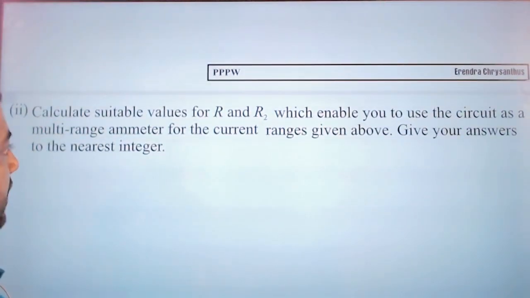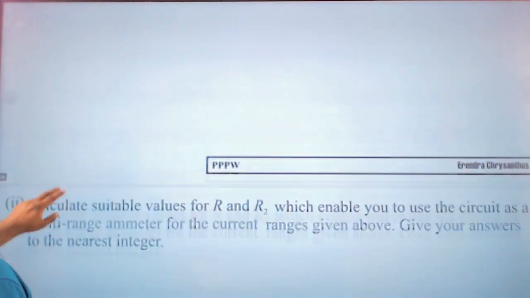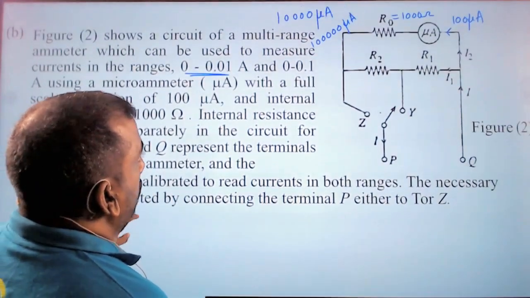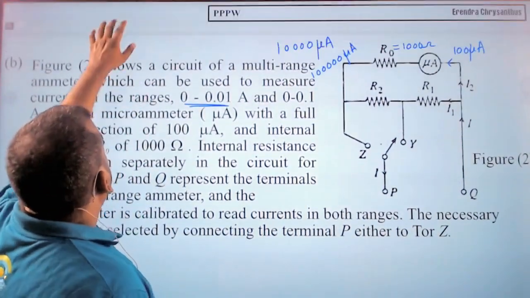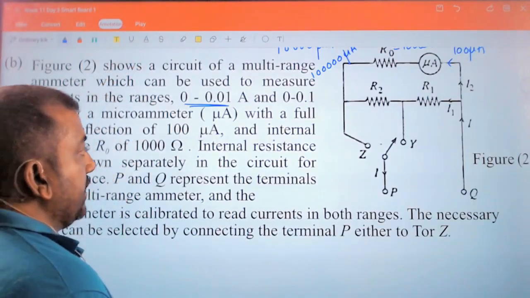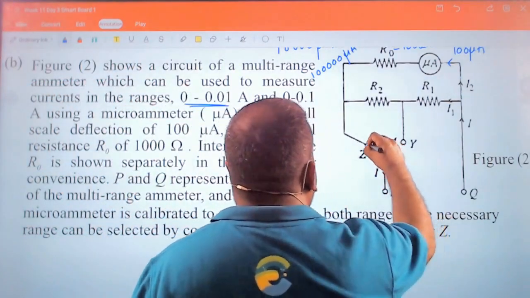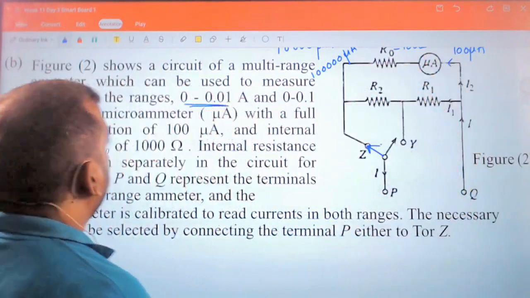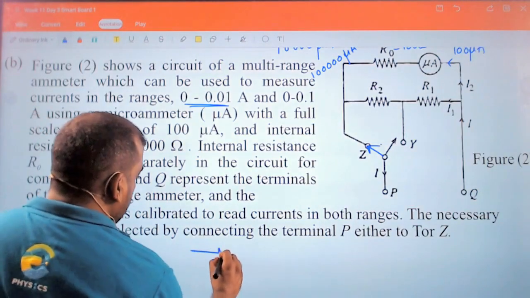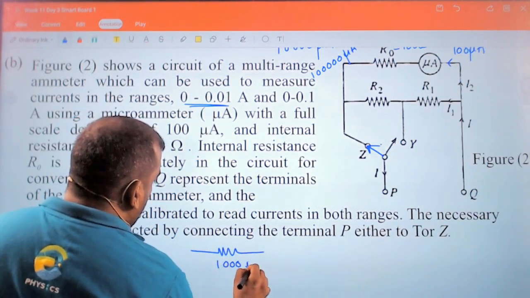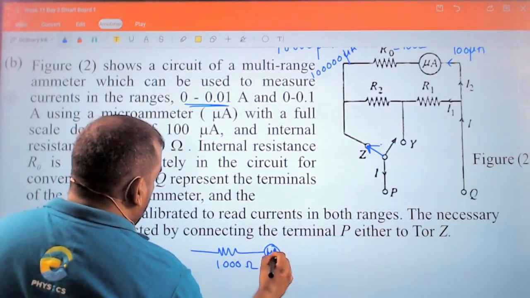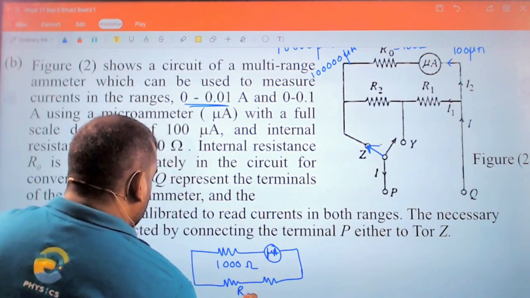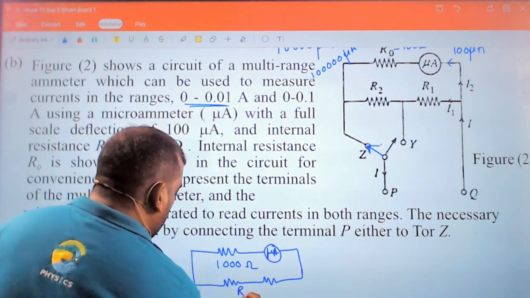Calculate suitable values for R1, R2 that enable you to use the multi-range ammeter. I think I'll use this space here itself. So here, I'll draw both the basic circuits, easy to calculate. If you connect it to Z here, current will divide here and there. So what we'll have is 1000 ohm microammeter. Here you have resistors R2, R1.